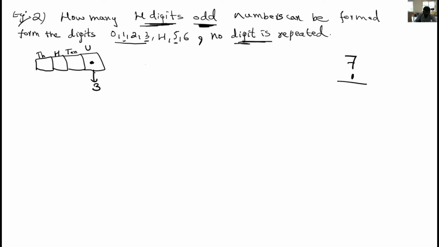That may be any odd number, but at a time we can take only one number, right? So 7 minus 1, 6 numbers are available. In those 6 numbers, 0 is also included, right? Because for unit place we can't use 0, since in the unit place you need to use only odd numbers. So in the remaining 6 numbers, 0 is also included.